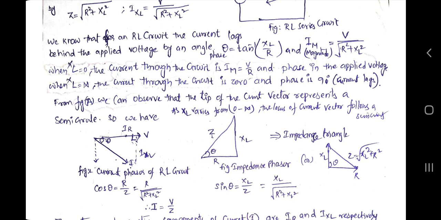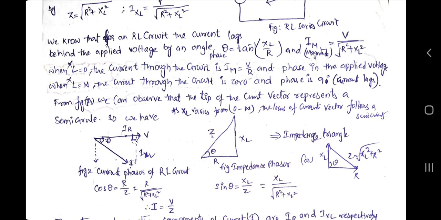In the first figure, you see the phasor notation of the current: the total current is the combination of the currents IR and IXL.